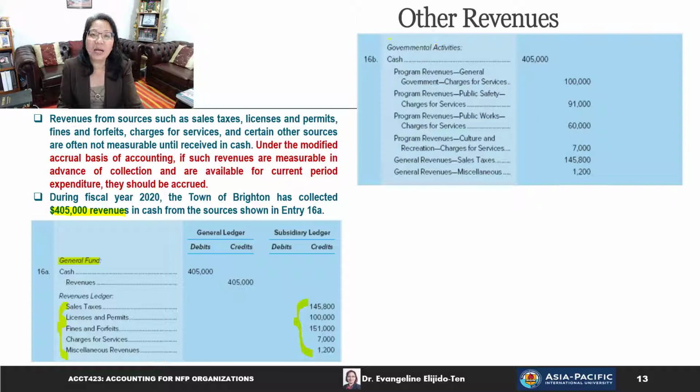Now, under the governmental activities, these revenues will be recorded as a debit to cash as well, 405,000, but rather than just crediting one revenue account, it needs to be credited to program revenues or general revenues.